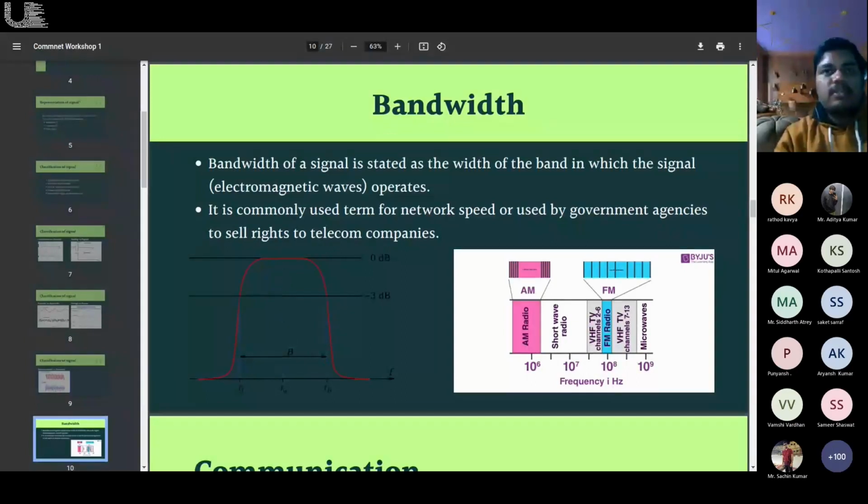So the government provides different bandwidth to different companies or services, so that their bandwidths don't overlap.